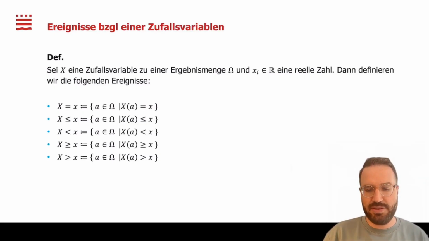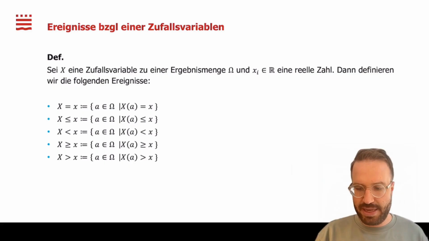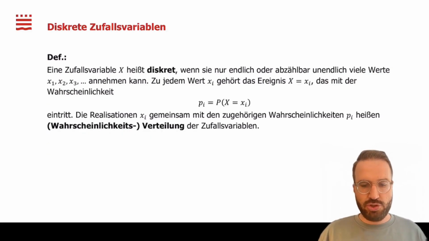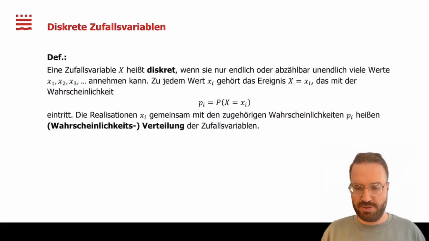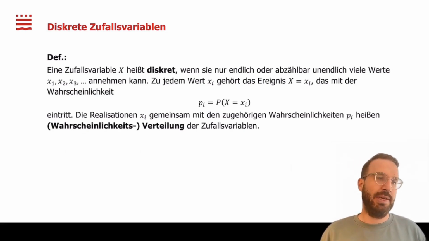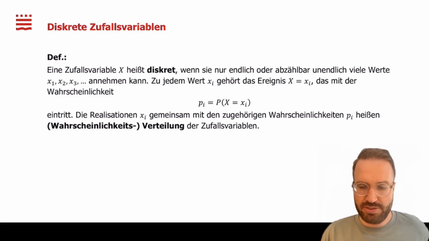This is then an event to which we can assign a probability, and we want to use this now. We will get to know the concept of distribution. We will first do this for so-called discrete random variables, and then in the second part, in the next video, we will deal with continuous random variables.